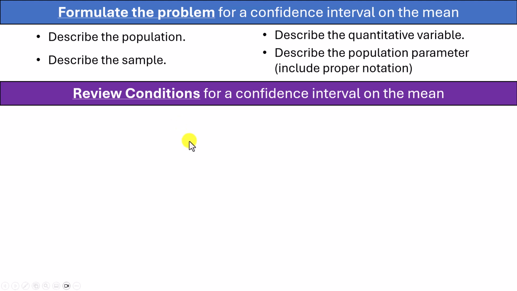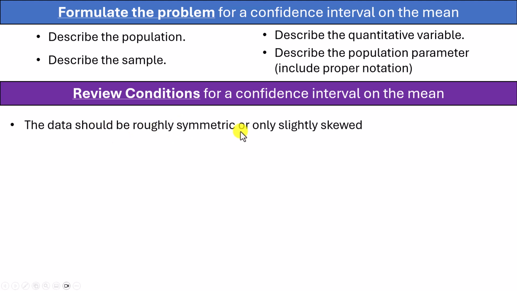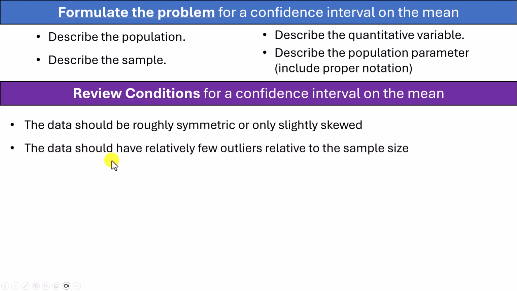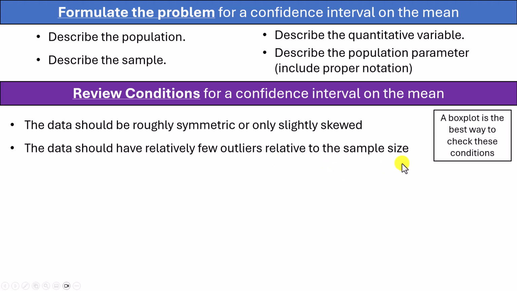But additionally, the data should be roughly symmetric or only slightly skewed. And also the data should have relatively few outliers relative to the sample size. And typically the easiest way to check these two conditions would be to create a box plot or perhaps a histogram. Now at this point, I should probably mention that if you're using a different textbook or you Google the conditions in order to do a confidence interval for the mean, you're probably not going to see these two conditions.